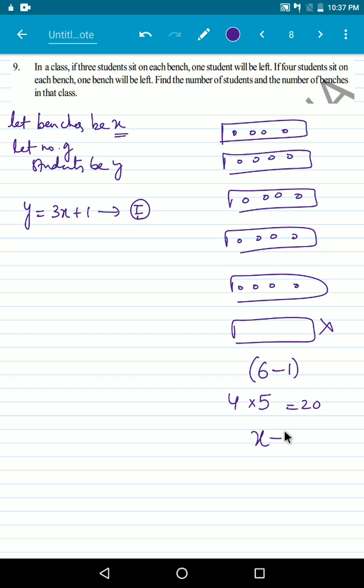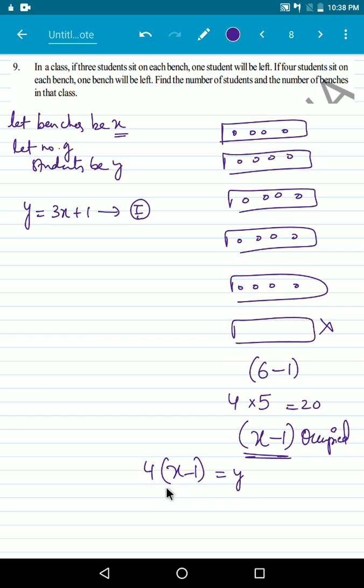That means x minus 1 benches will be occupied, right? Now on these x minus 1 benches, on each bench 4 students are sitting. So 4 into x minus 1 will be the number of students, right? So this will be equal to y. 4 into x minus 1 will be equal to y.